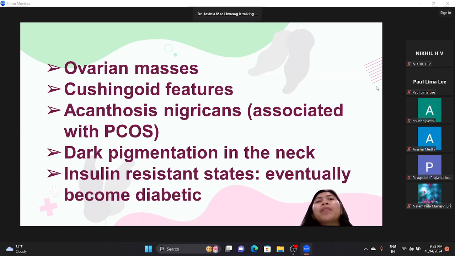Usually, if the patient has those, it's associated with PCOS. This is the dark pigmentation in the neck. Eventually, patients with PCOS will become insulin resistant. So they will eventually become diabetic if not properly assessed or managed.